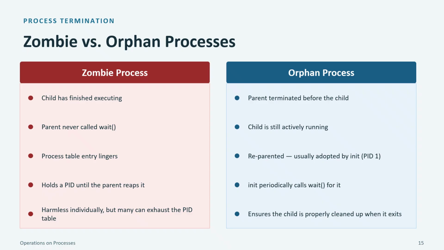So remember this simple difference. Zombie: a child has finished but the parent has not collected it. Orphan: a parent has finished but the child is still running. This discussion is very important for examinations as well as for practical understanding of Linux process management.